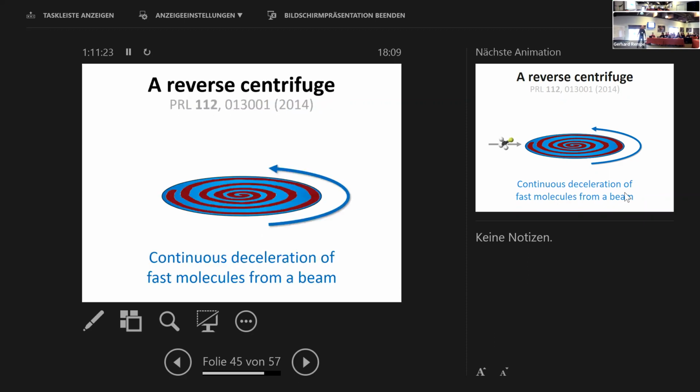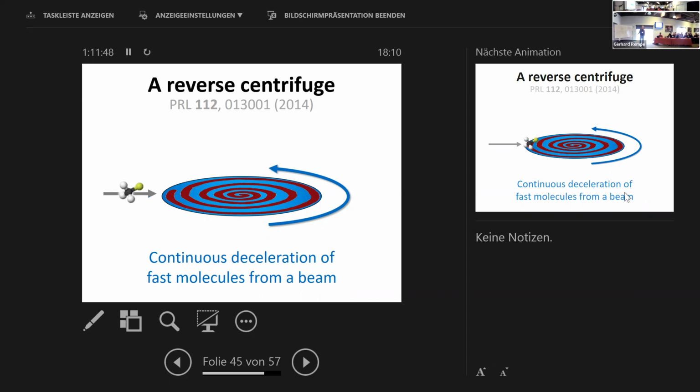This triggered me a little bit to what I call a reverse centrifuge. A centrifuge accelerator for molecules. So think of an electric guide, which goes on a rotating disk, actually goes like a spiral into the center. That's just what I want to say. It goes through the rotating disk on the spiral.